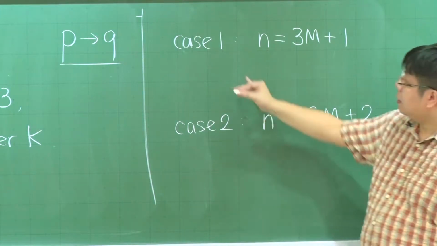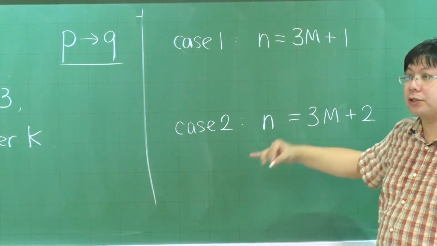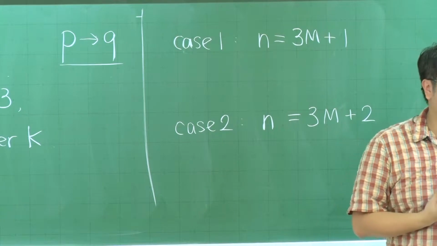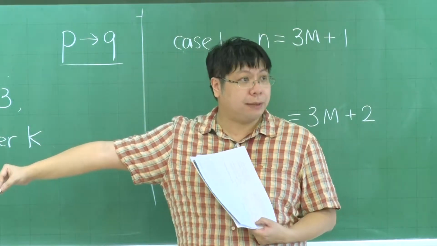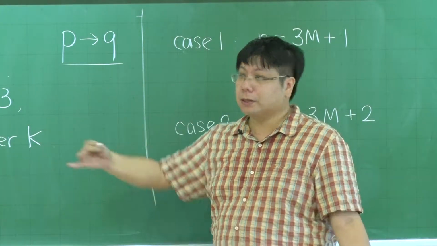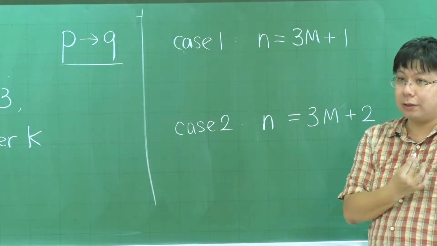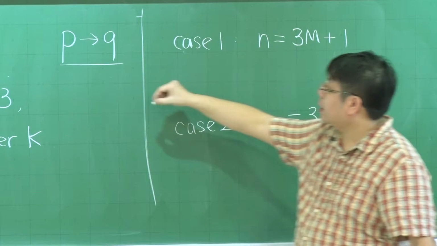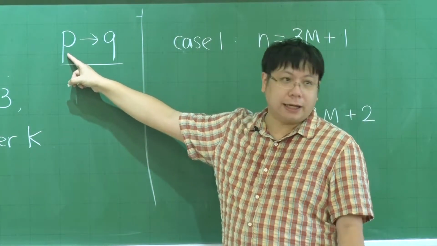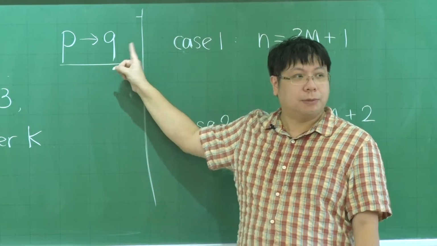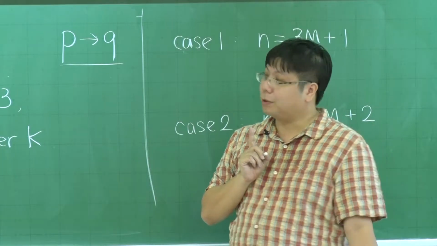Now as long as in these two cases we can show that the resultant n squared will be of 3k plus 1 type, then we are done. Because we are showing that both cases lead to the same conclusion. So it means that any cases will lead to the same conclusion. Is that okay? This is what we want to do.